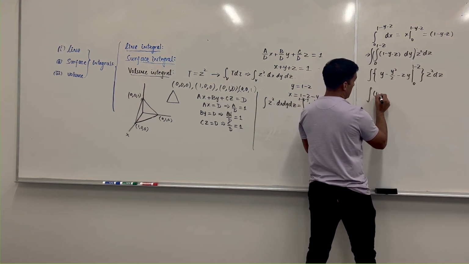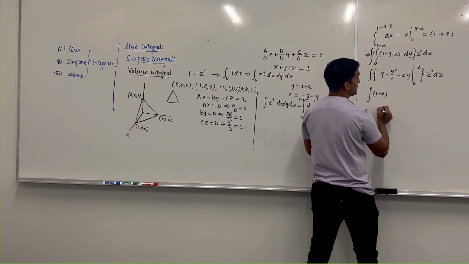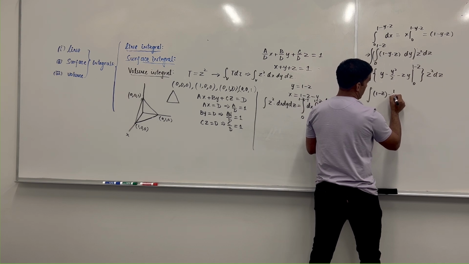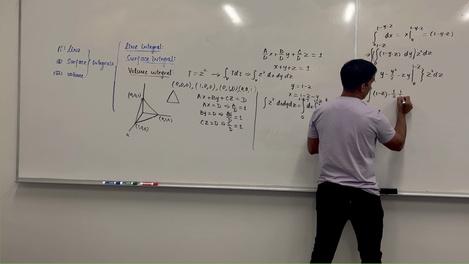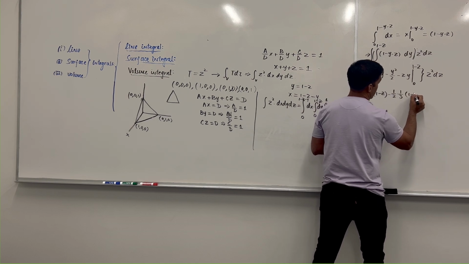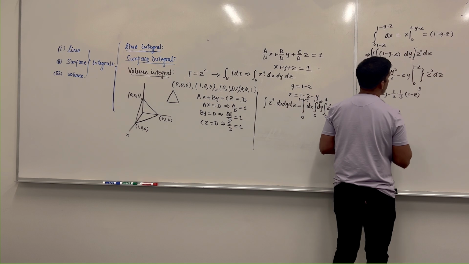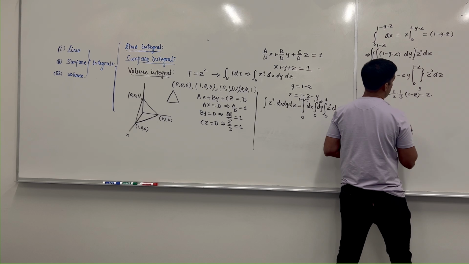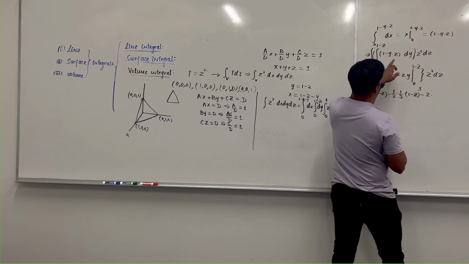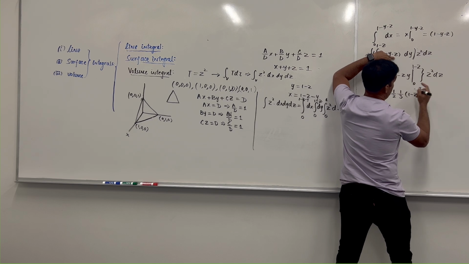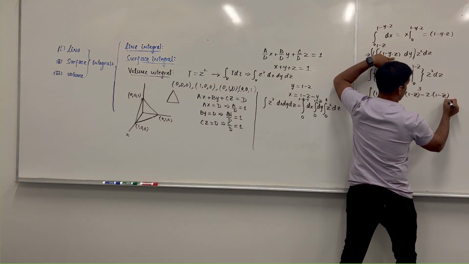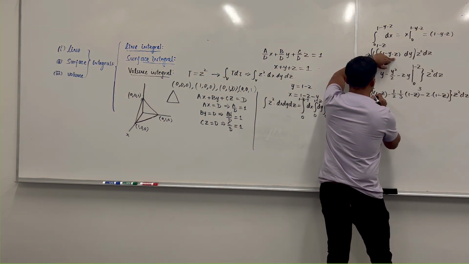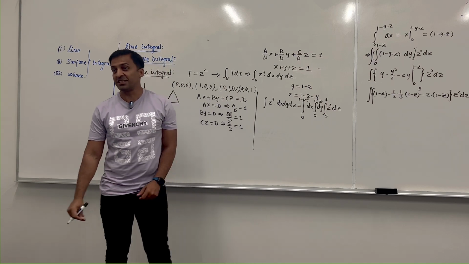This term will give us 1 minus z. This term will give us minus 1/2, then 1/3 — this will become y³, which is (1 minus z)³. And then the third term: z is constant and the integral of dy is just y, which gives us 1 minus z. And then you have a function of z² dz. Now you see we have everything in terms of z.